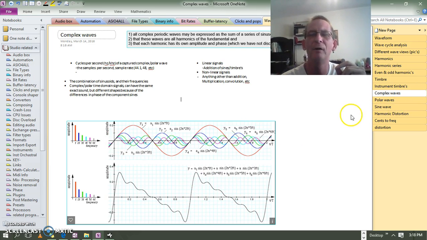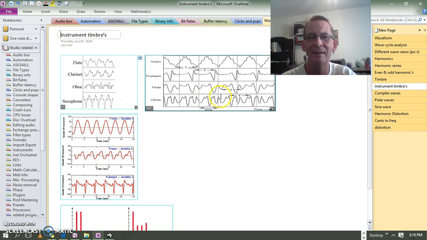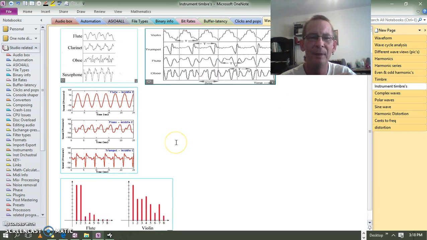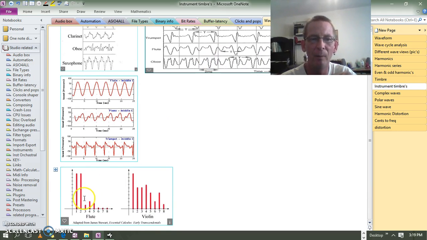So it can be a little confusing when you're looking at that, but most of the time the basic outline of it isn't that difficult to understand, because you have the harmonic content and non-harmonic content that composes that instrument's timbre.